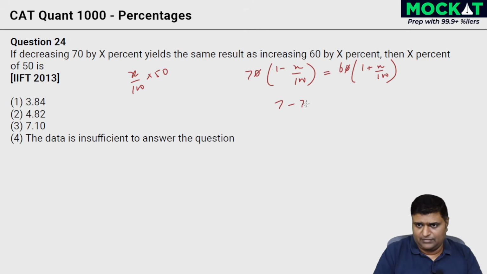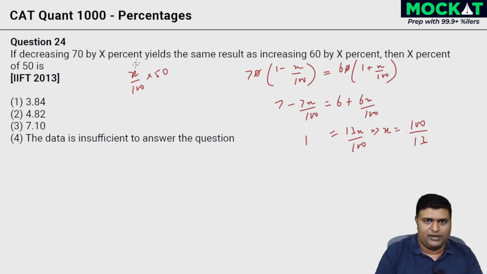7 minus 7x by 100 equals 6 plus 6x by 100. Bring the 7x there and you're going to get 13x by 100 equals 1. X equals 100 by 13. We can plug that in over here, and we need to find x percent of 50, and x is 100 by 13. 100 by 13 into 100 into 50.